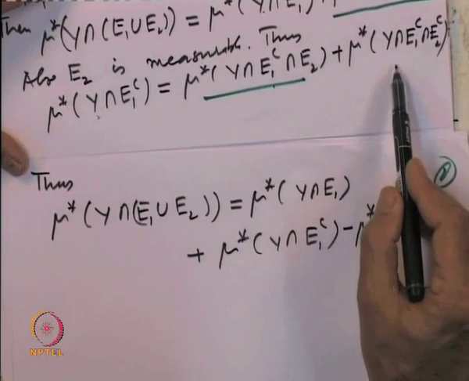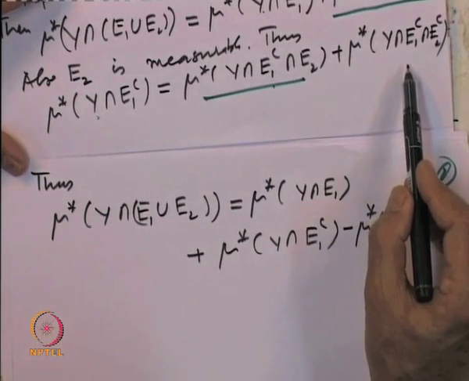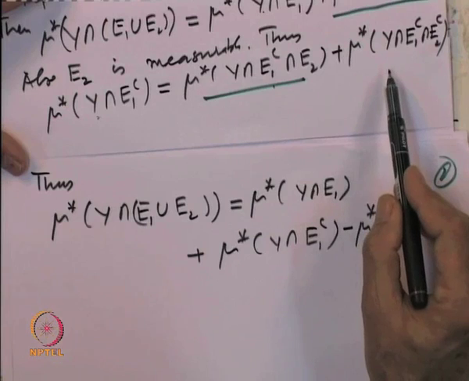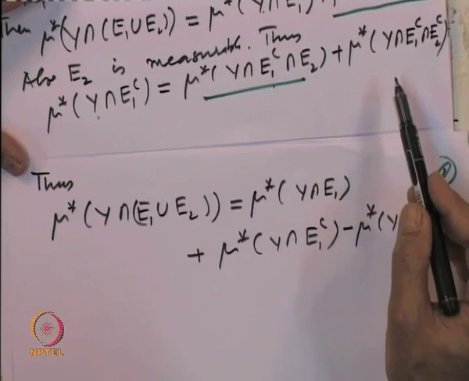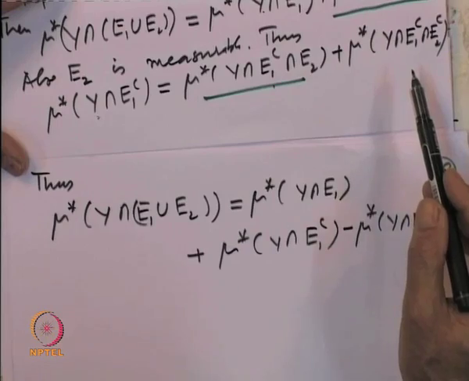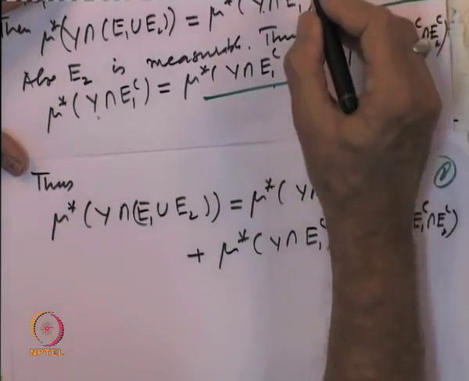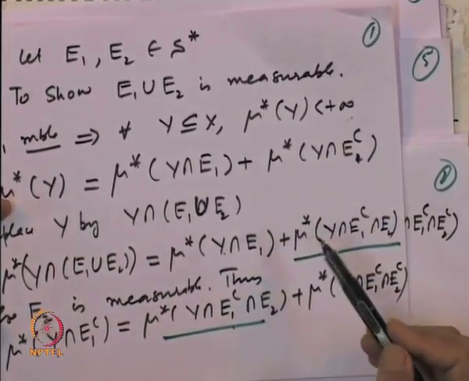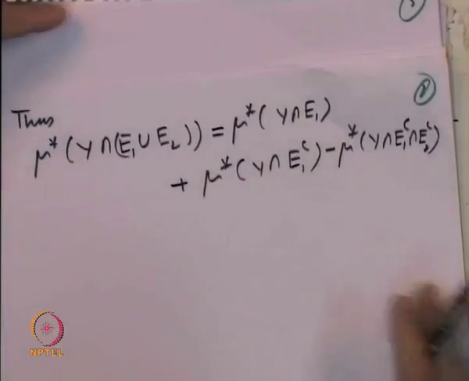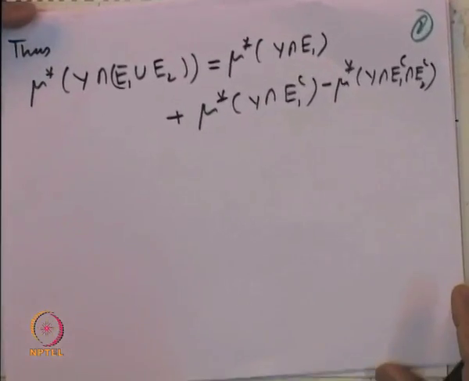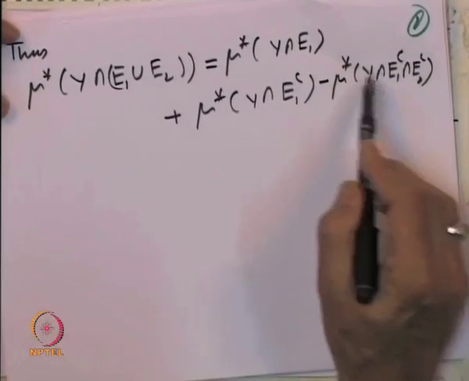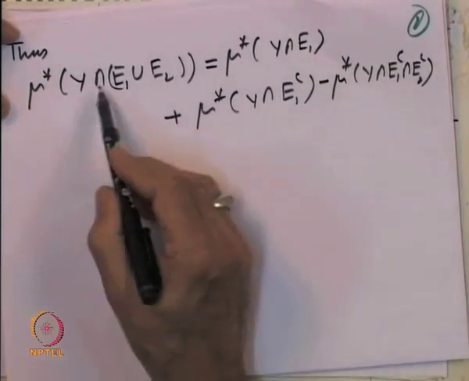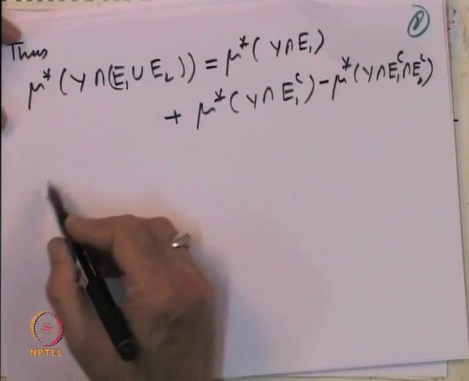So, this is an equation of real numbers, so we can take one term on the other side and so on. In general, that will not be possible if one of the terms is equal to plus infinity. So, the condition that mu star of y is finite is being used here. Using the fact that E 1 and E 2 are measurable, we get this equation. So, from here let us take this negative term on the other side.